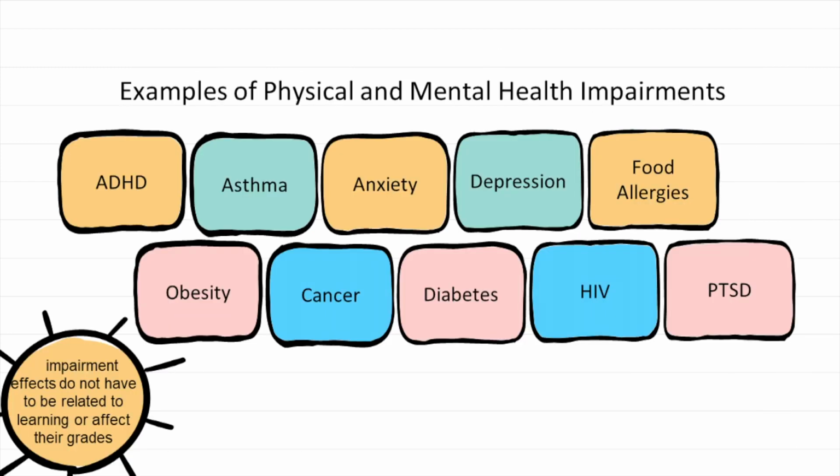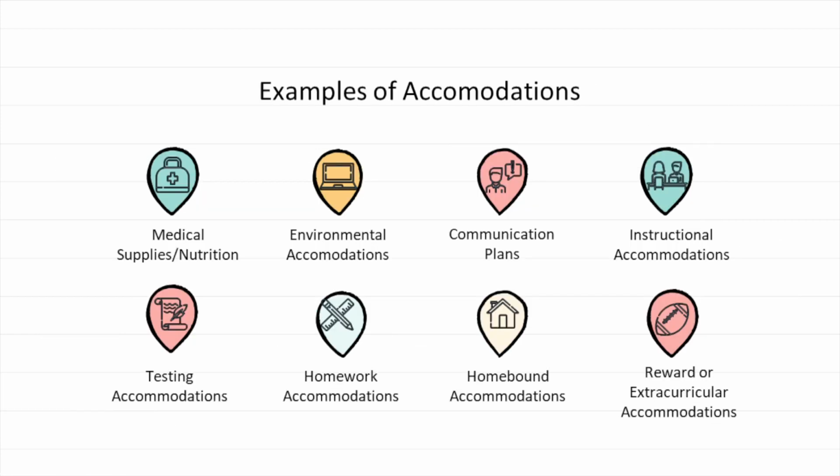To name a few, here are examples of physical and mental health impairments: ADHD, or attention deficit hyperactivity disorder, asthma, anxiety, depression, food allergies, obesity, cancer, diabetes. Examples of accommodations include medical supplies, nutrition, technology, communication plans, and modifications to extracurricular activities.